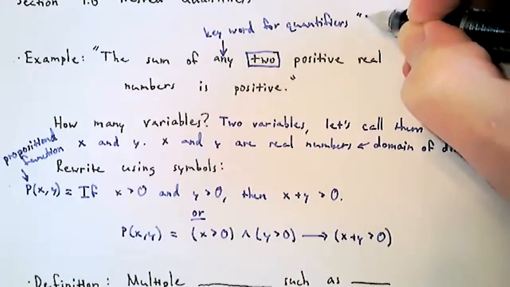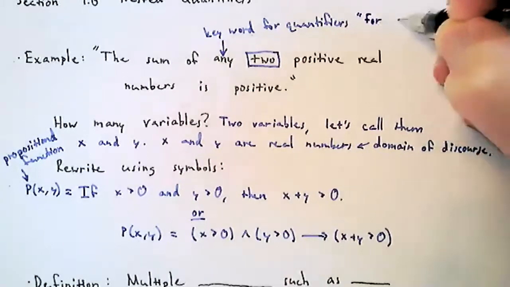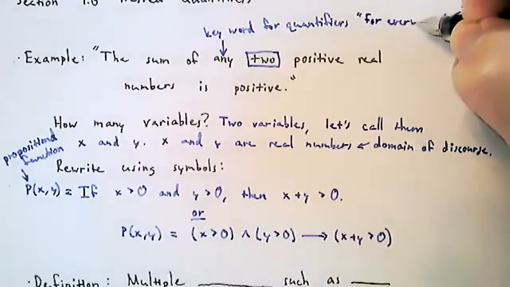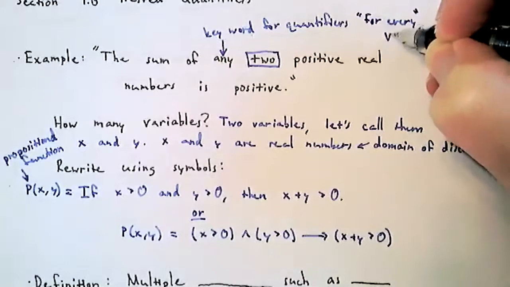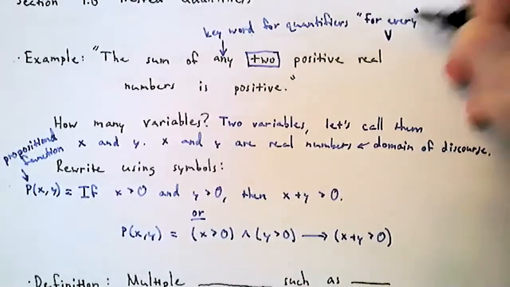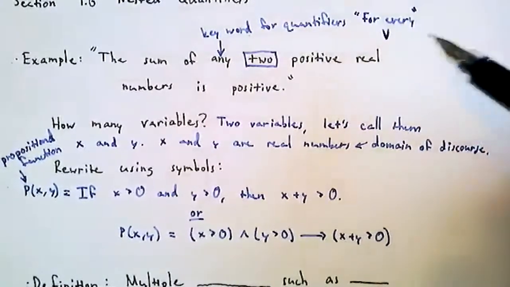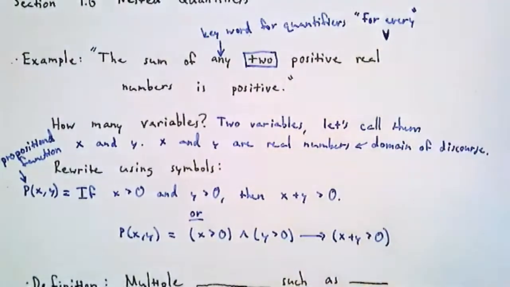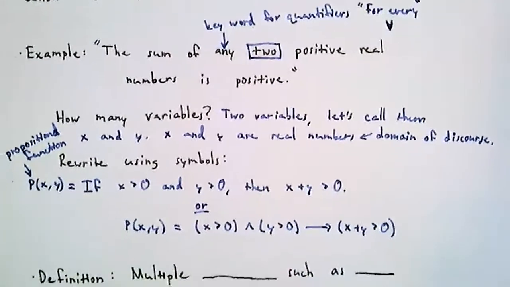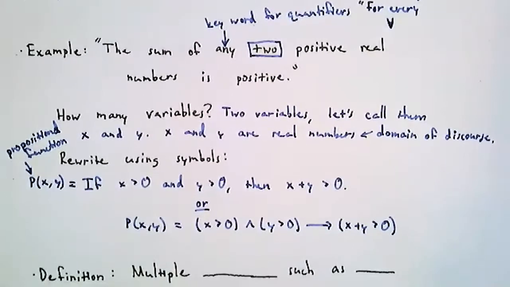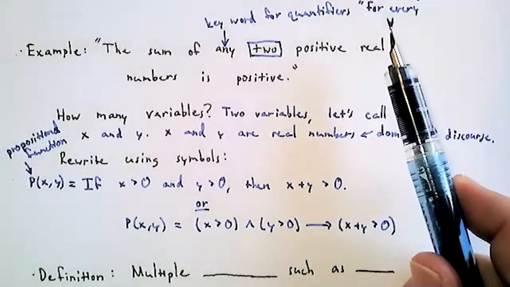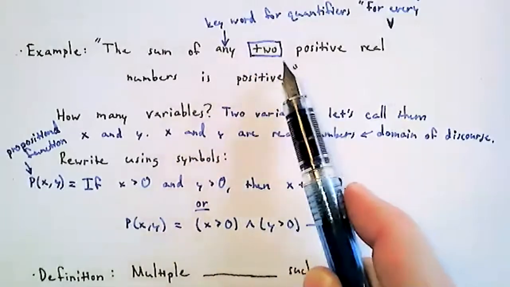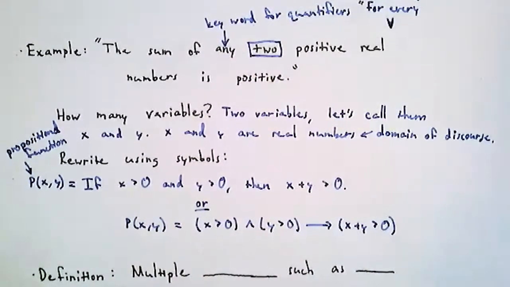So that's the upside down A. Remember, this symbol means for every, for all, and it also means for any. So there's lots of ways to translate this into English that you need to be able to recognize. So this quantifier is going to correspond to both of our two variables.